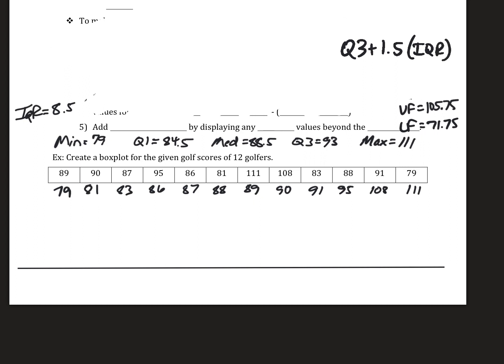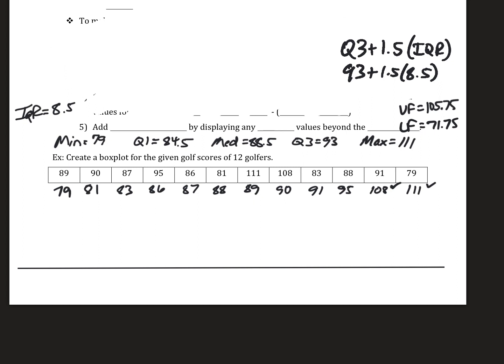Well, Q3 in this case is 93 plus 1.5 times the IQR, which is 8.5. So if you plug that in your calculator, you end up with 105.75. So any number above 105.75 is going to be considered an outlier. Okay? So right now, 108 and 111 are both outliers. These are box plots for the given golf scores of 12 golfers.